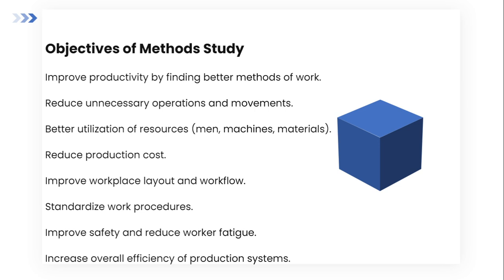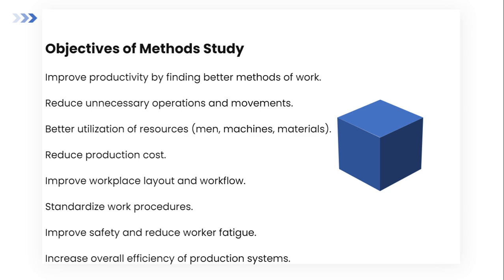Then the next is to reduce production cost, improve the workplace layout and workflow, standardize work procedures, improve safety and reduce worker fatigue, and increase overall efficiency of the production system.